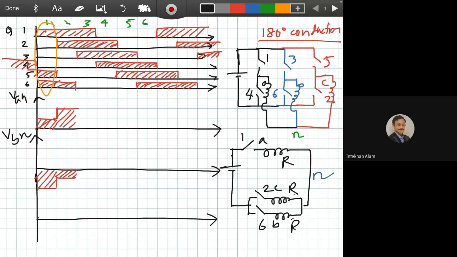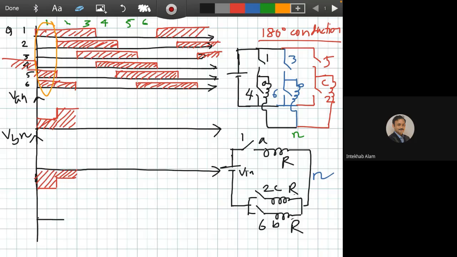So what will be the value? 1.5 R. Good. It will be 1.5 R. I'm just deleting one point, I'll draw it later.